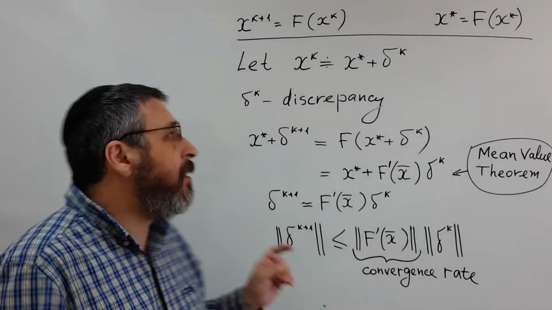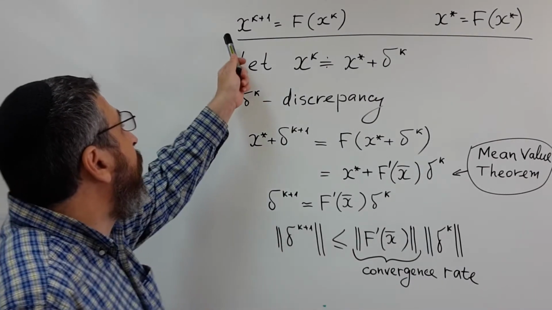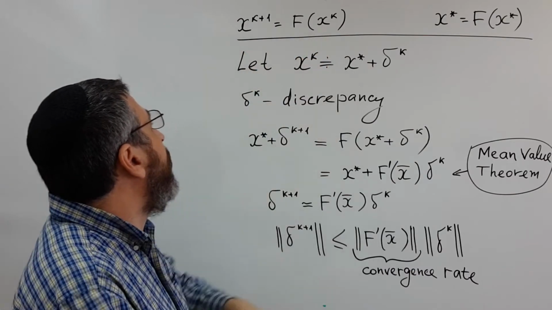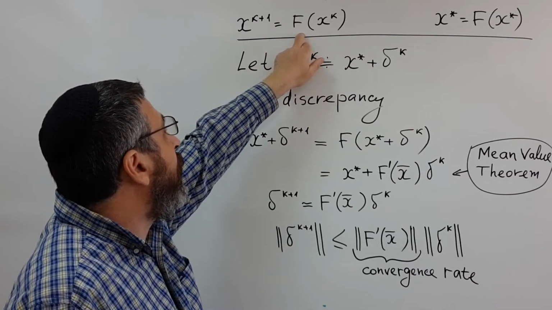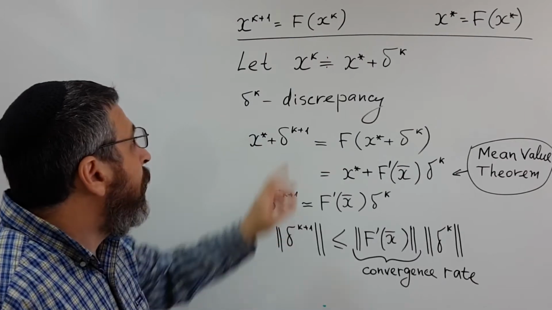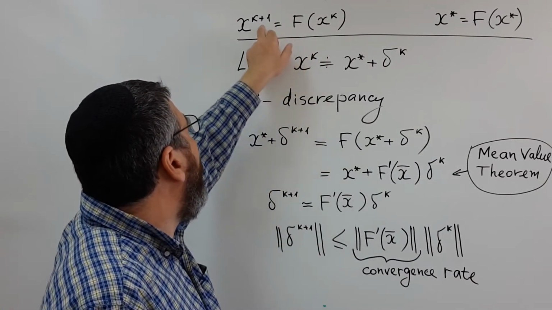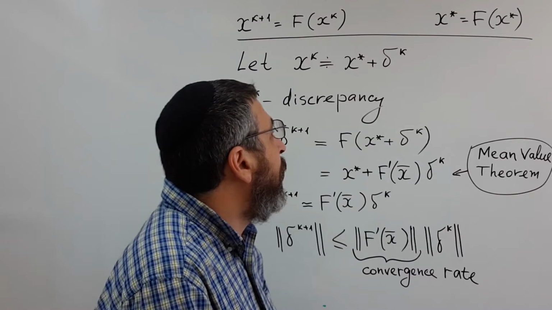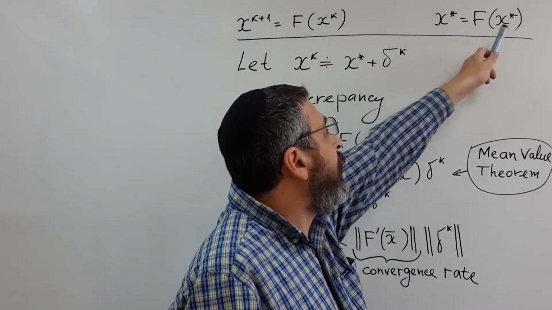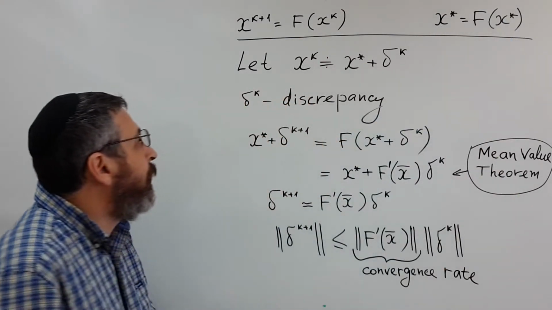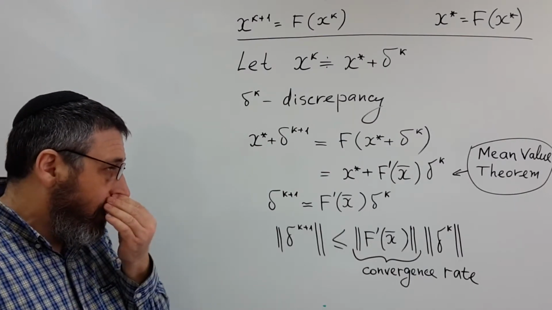Now let us try to understand when the iterative process of this kind, x_{k+1} is equal to f of x_k, will converge to this fixed point which we already defined.